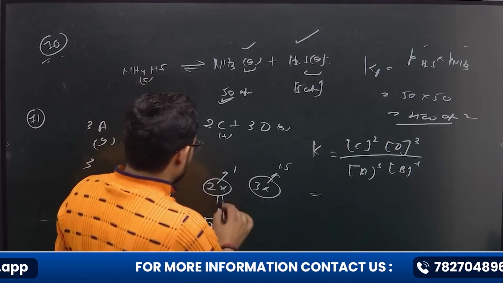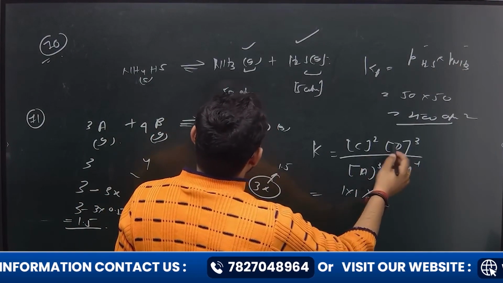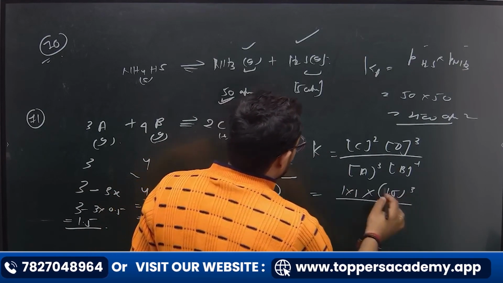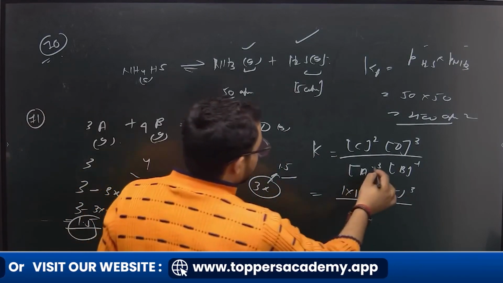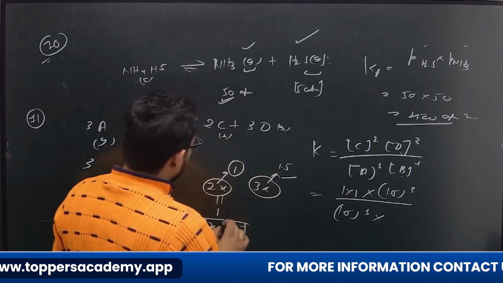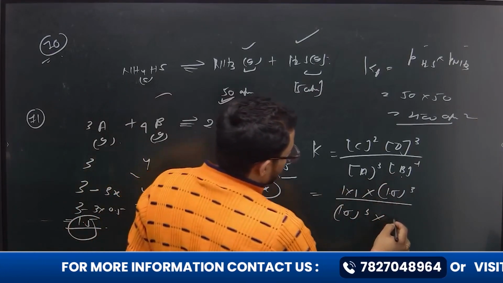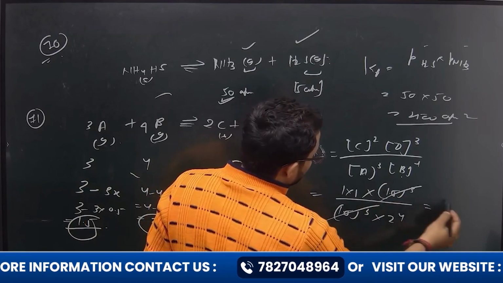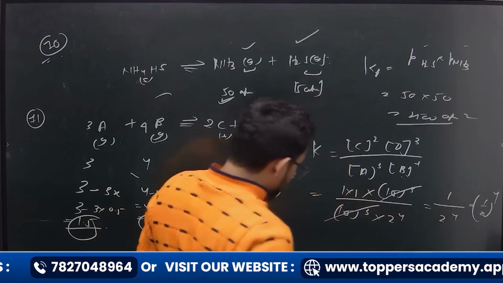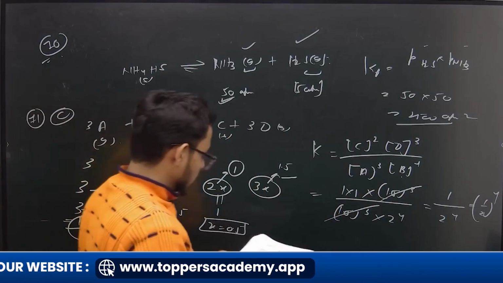Concentration of C is 1, so 1 squared, into concentration of D, 1.5, cubed, upon A, 1.5, cubed, and concentration of B, 2 to the power 4. The 1.5 cubes cancel completely, so it is 1 upon 2 to the power 4. Which option? C option. That is 71.